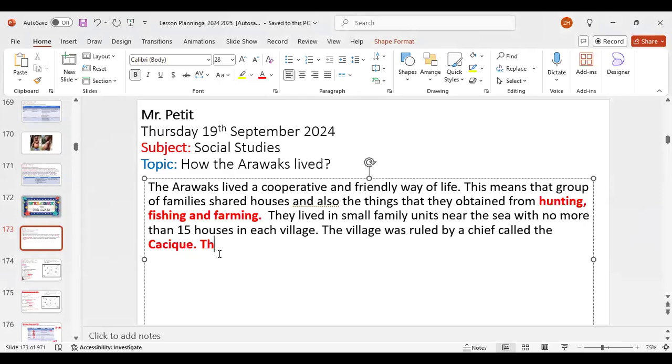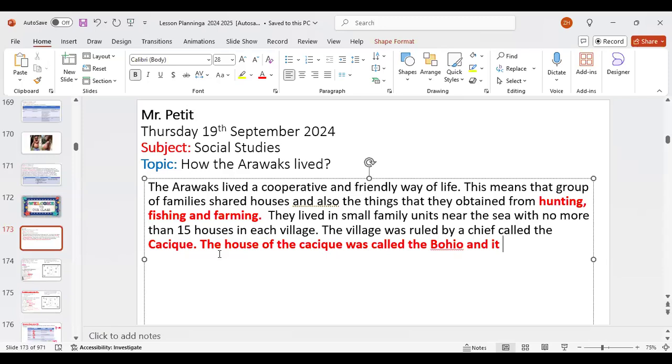The houses that we talk about, let's talk about that structure. The houses were... but let's start with the house of the cacique. The house of the cacique was called what? The Caney.